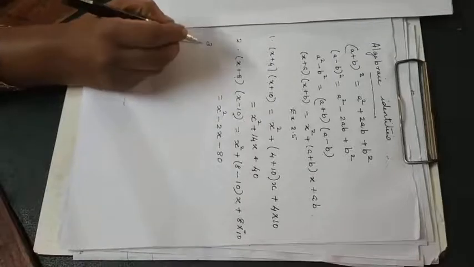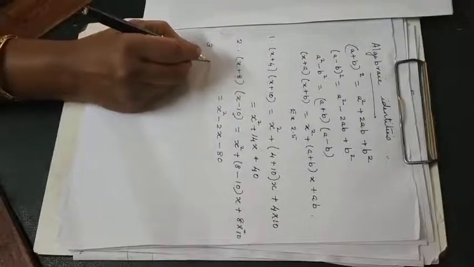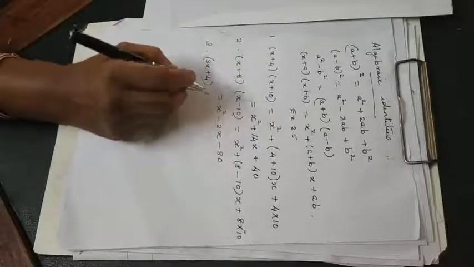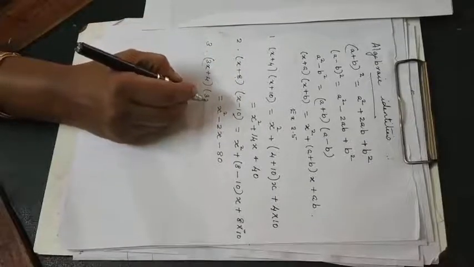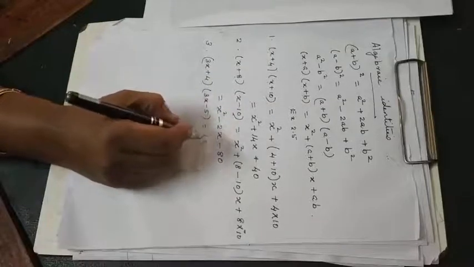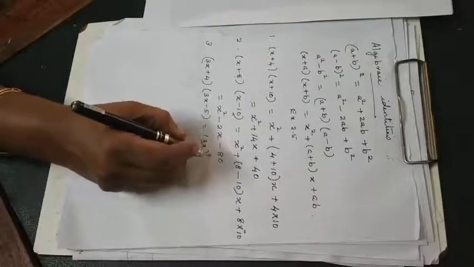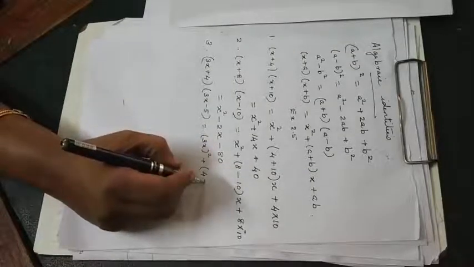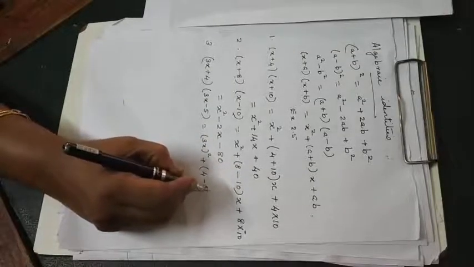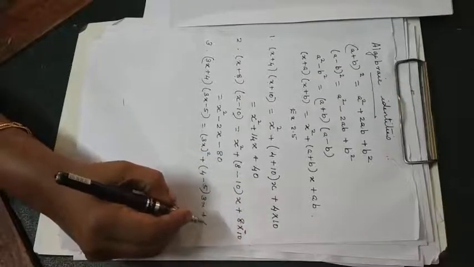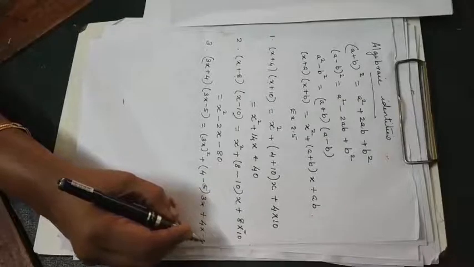Now third one, (3x plus 4) into (3x minus 5). So it will be (3x) the whole square, then (4 minus 5) into 3x, then 4 into negative 5.